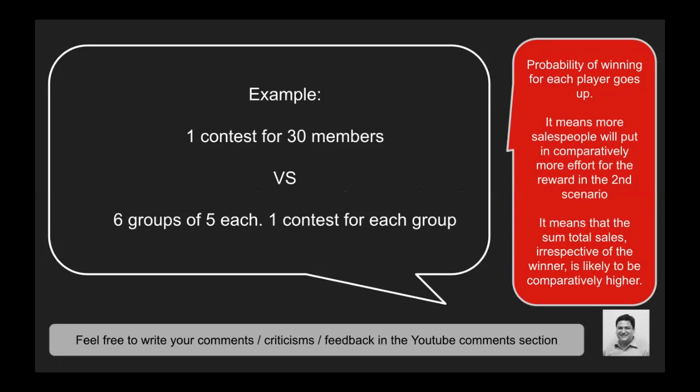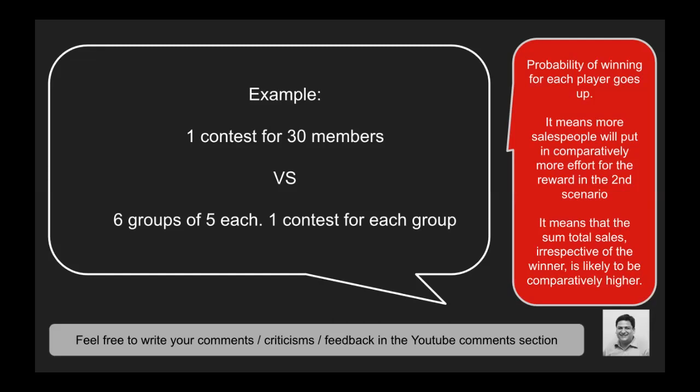For example, with few competitors being around, the probability of people opting out goes down significantly. The probability of winning for each player goes up. It means more salespeople will put in comparatively more effort for the reward in the second scenario.